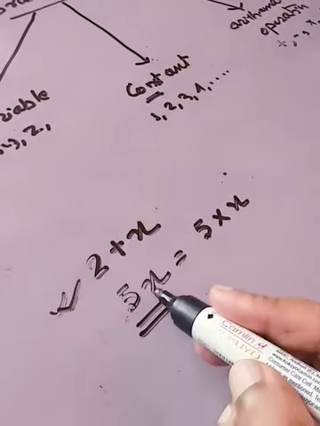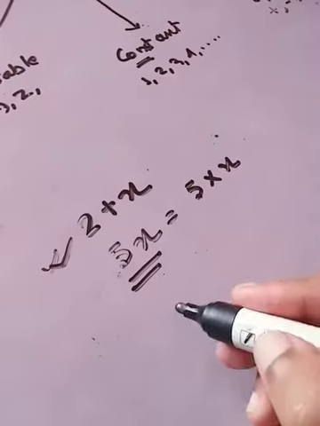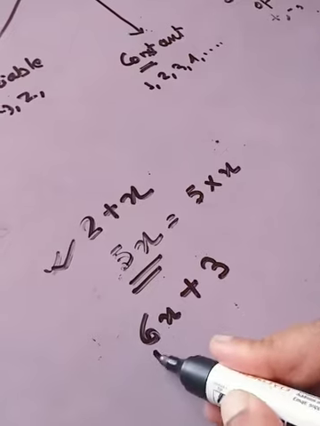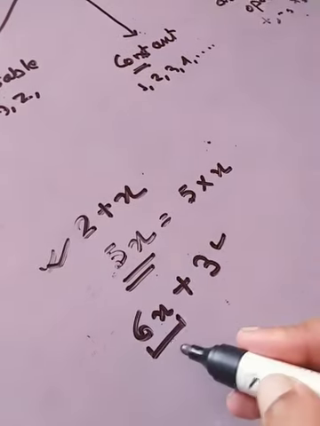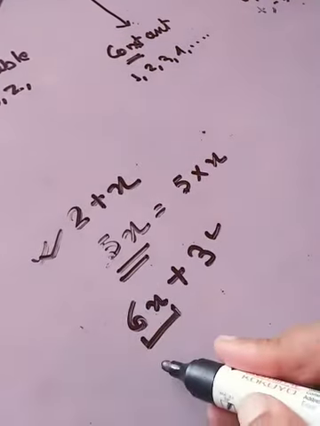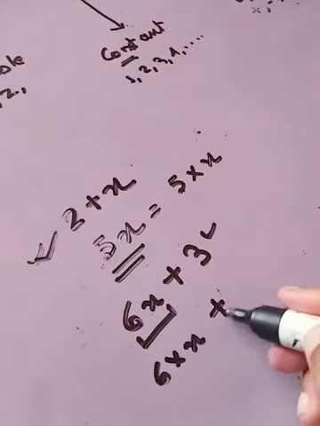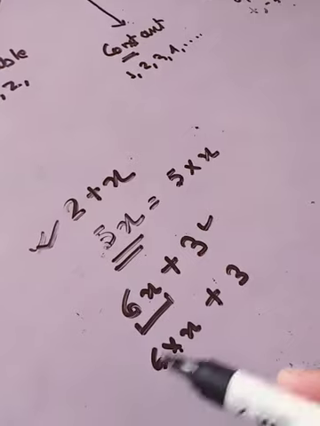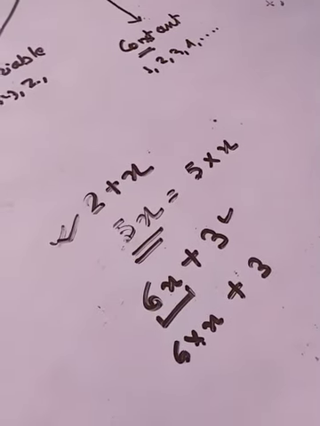If only 5x is written, it means 5 into x. Suppose 6x plus 3. 6x means 6 into x plus 3. So arithmetic operations are there, constant term is there, and variable term is there.